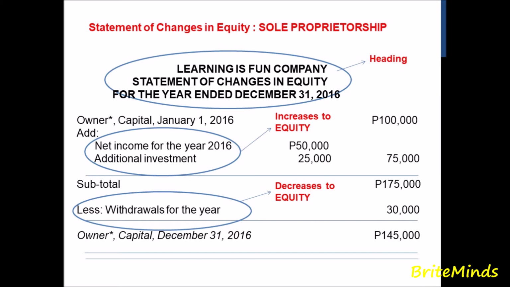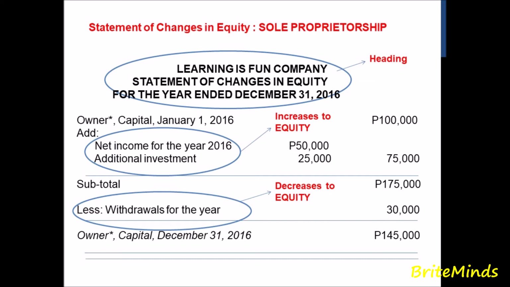And then add the equity transactions that increase the capital of the owner, like for example, the net income for the year and the additional investments or contribution of the owners to the business. And then you get the subtotal, and then deduct or less the equity transactions that decrease the owner's capital.